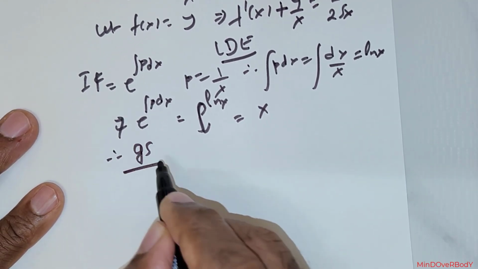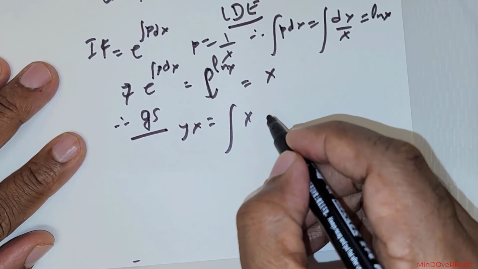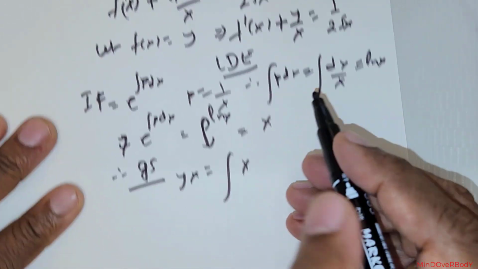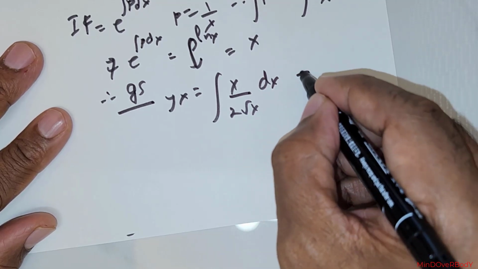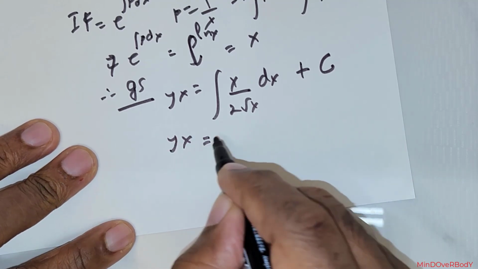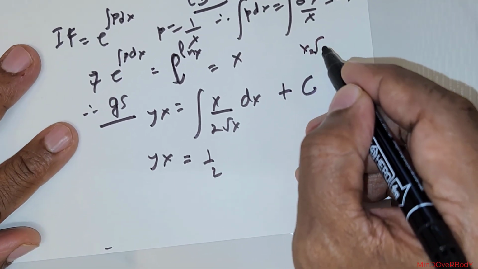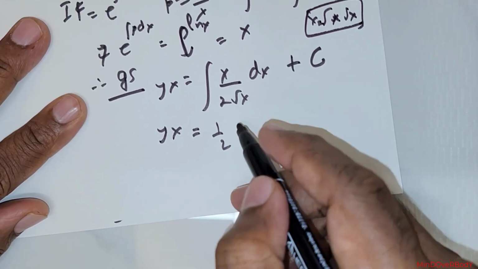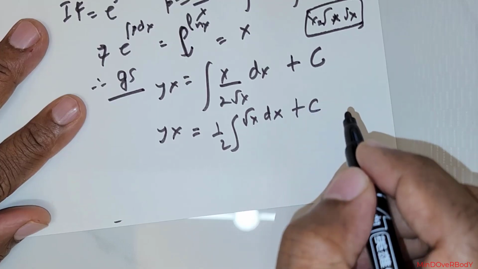So therefore the general solution is going to be y times x is equal to integral x times 1 over 2 times root of x dx plus arbitrary constant c. I can rewrite this as y times x is equal to 1 over 2 times integral, where x is root of x multiplied with the root of x, so root of x and root of x can be cancelled, giving me root of x dx plus arbitrary constant c.